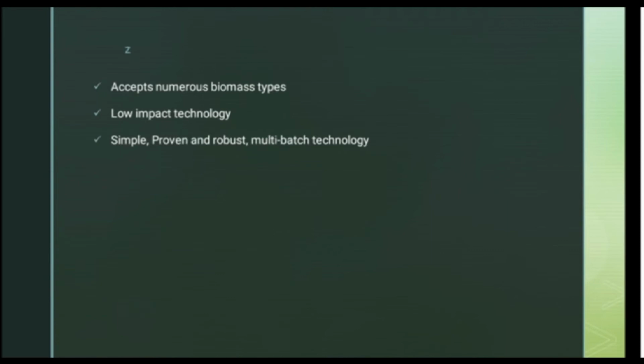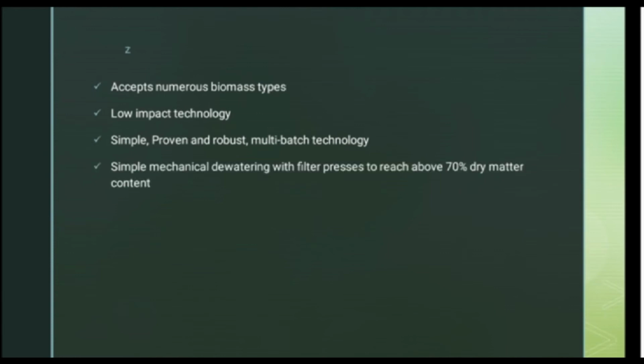Next is simple, proven and robust, multi-batch technology with low maintenance cost due to the proven and robust technical implementation. Next is simple mechanical dewatering with filter presses to reach about 70% dry matter content due to the hydrophobic nature of biocoal.